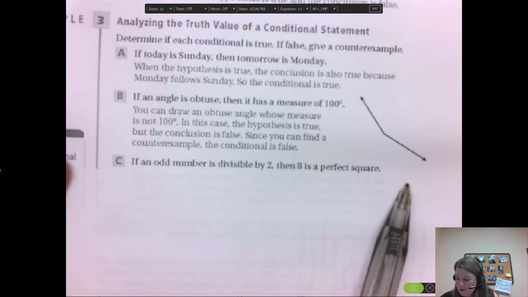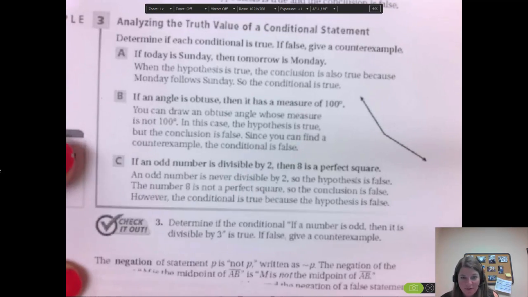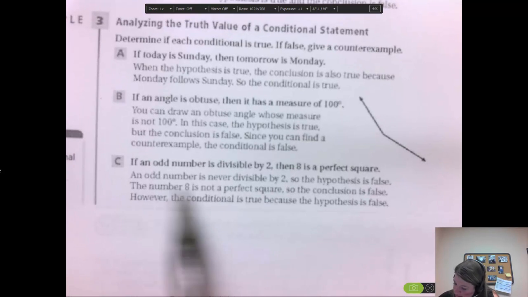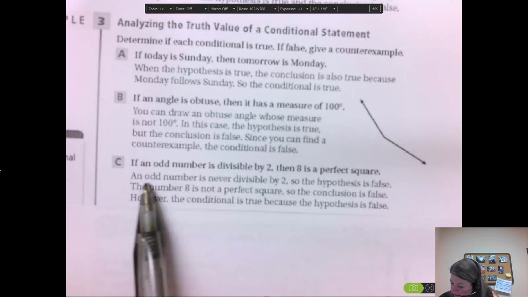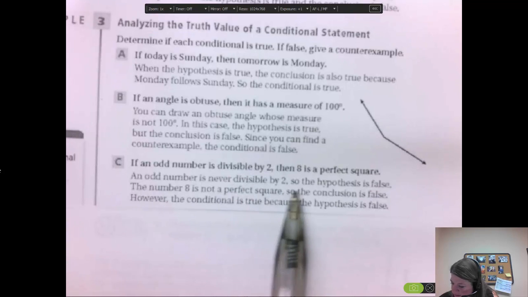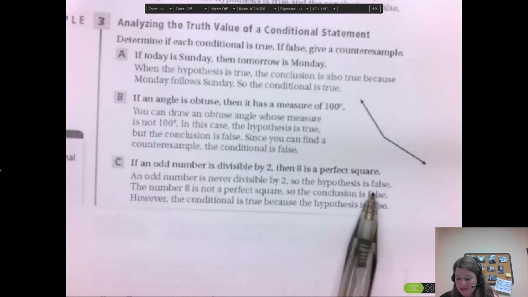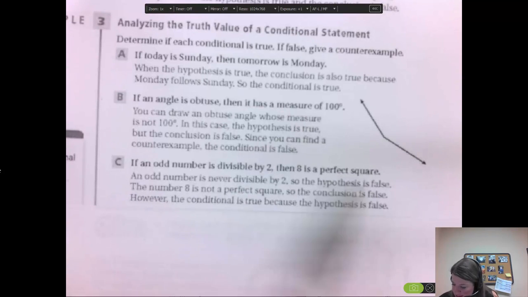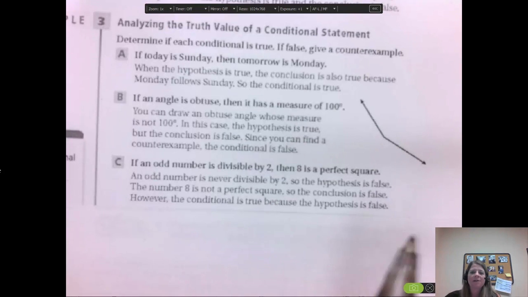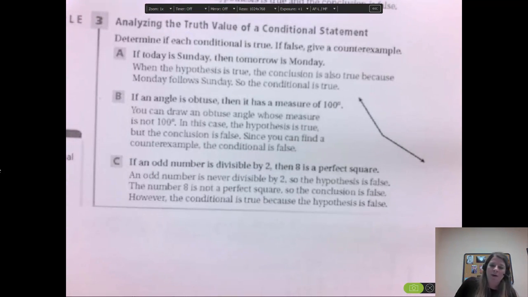Then it is a perfect square. They have nothing to do with each other, so it's false. An odd number is never divisible by 2, so the hypothesis is false before you even get to the conclusion. The number 8 is not a perfect square, so the conclusion is false. So it's a weird statement that didn't work out all around.